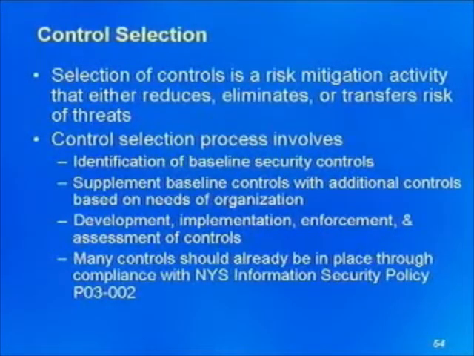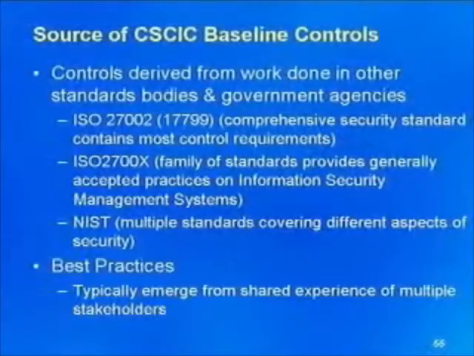So where did we come up with these controls? These controls are not something which we created from scratch. A lot of the controls are mentioned in some of the standards handbooks, like NIST comes out with security handbooks. We have looked at the NIST handbooks. And in addition to that, the International Standards Organization, ISO, has a security guideline or a security bulletin, 17799.